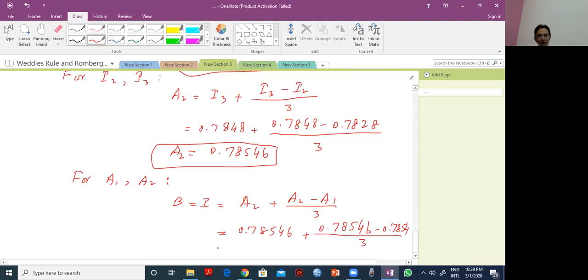Student, when we apply the calculator and find the result, the answer is 0.78548.